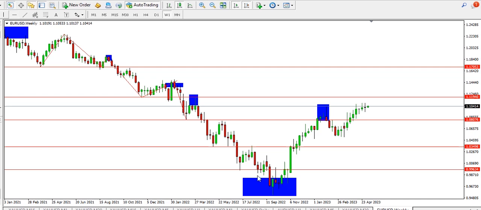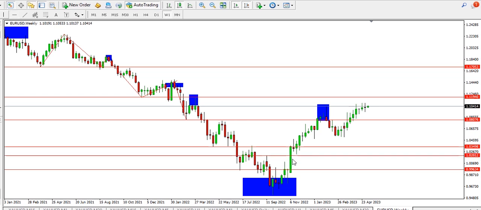Okay, look at it, it got tested here as if it's going to break. It went up and now finally broke and went down. But this bearish structure that you have here got broken around here, where you have this high. Look at this high. You have a structure to the upside here. It got broken here.